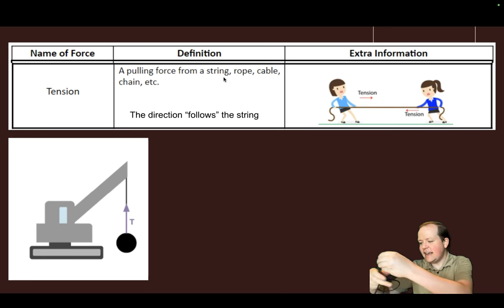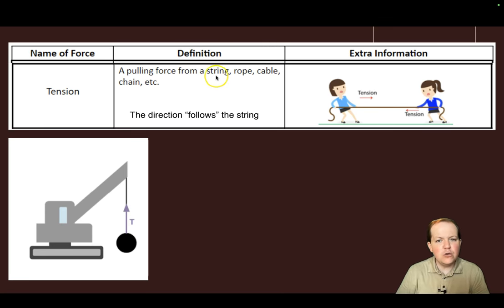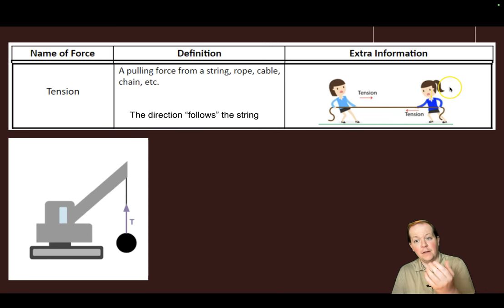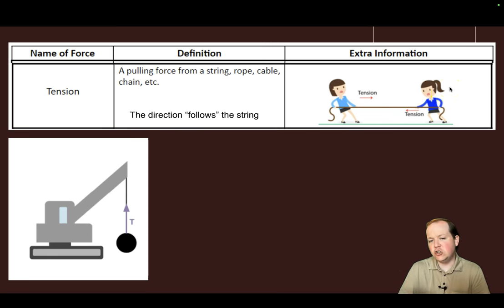Things that dangle while you are usually using these objects to pull on objects. These different materials are usually labeled as tension forces, okay? When you are pulling on somebody with a rope, you might see it labeled as a tension force. Yeah, you're pulling on the other person, but you're using tension in order to do that.